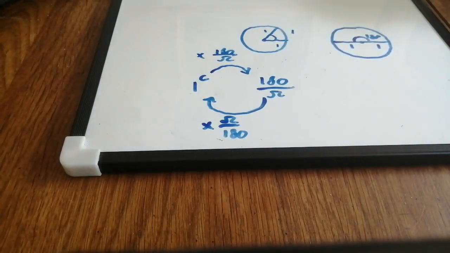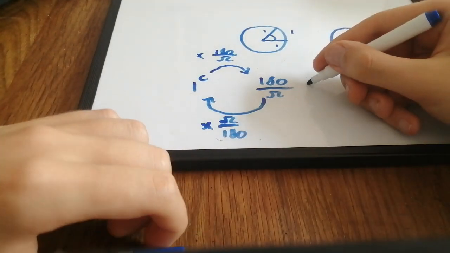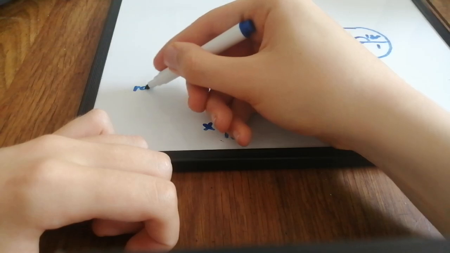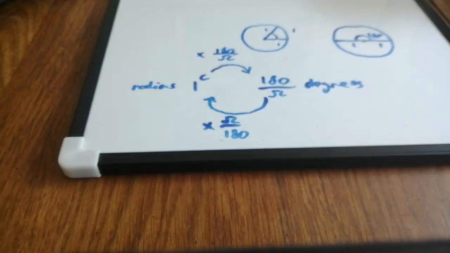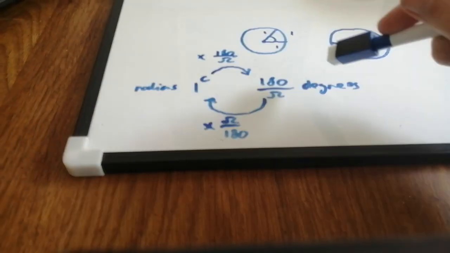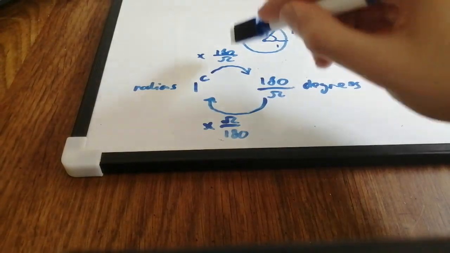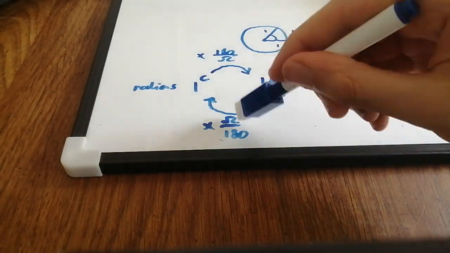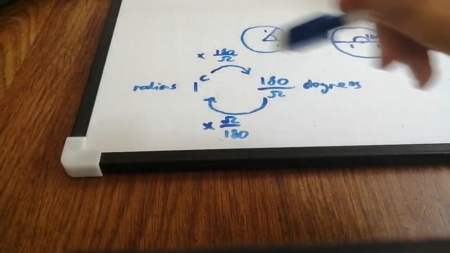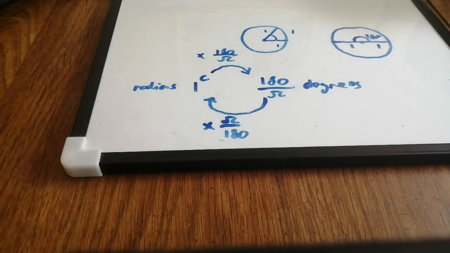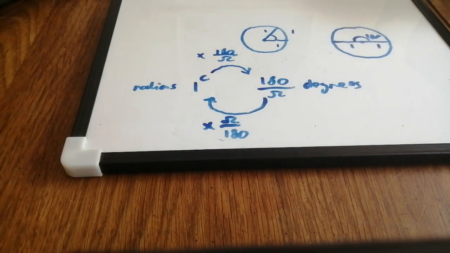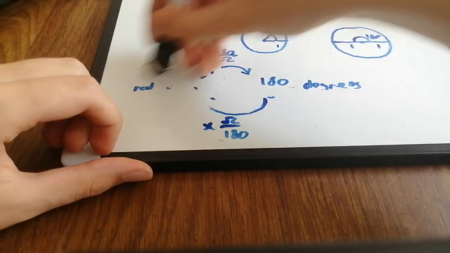So this is a very important conversion you need to remember. So this is degrees, and this is radians. To convert from radians to degrees, multiply by 180 over pi to get rid of the pi, and from degrees to radians, multiply by pi over 180 to add the pi to the radians. It's a very good idea that you take note of this formula, because it's going to be very easy for you to remember how to convert between the two.